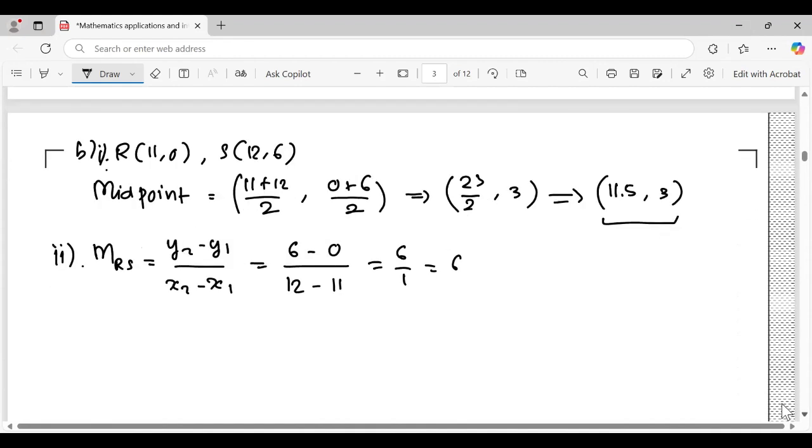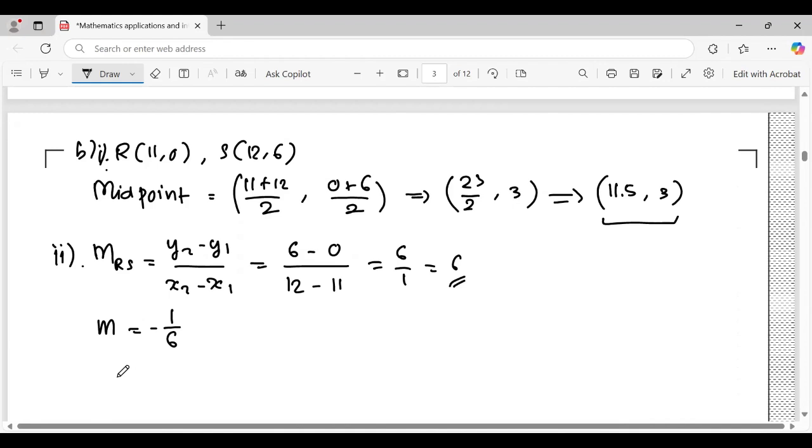So the gradient of RS is 6, and the gradient of the perpendicular bisector is the negative reciprocal of 6, so m is minus 1 over 6.